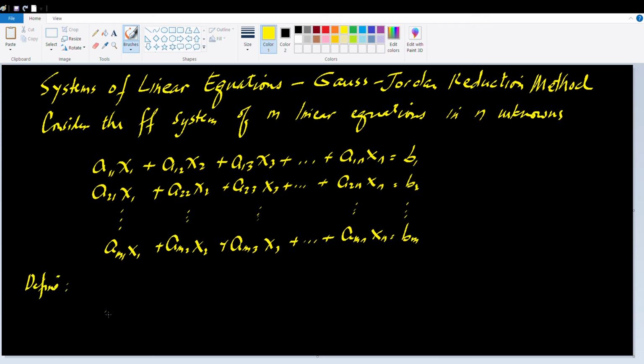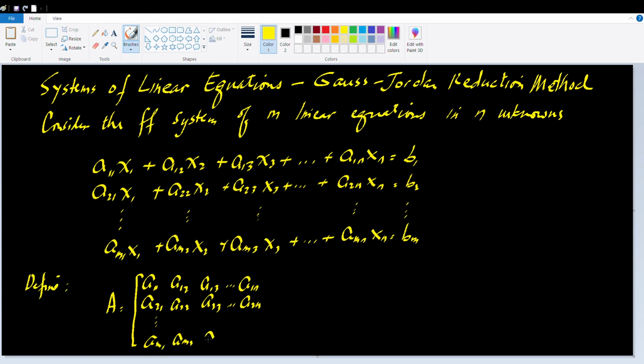Our matrix A is the m by n matrix consisting of the coefficients of all the unknowns: a11, a12, a13 up to a1n, a21, a22, a23 up to a2n, down to a sub m1, a sub m2, a sub m3 up to a sub mn.